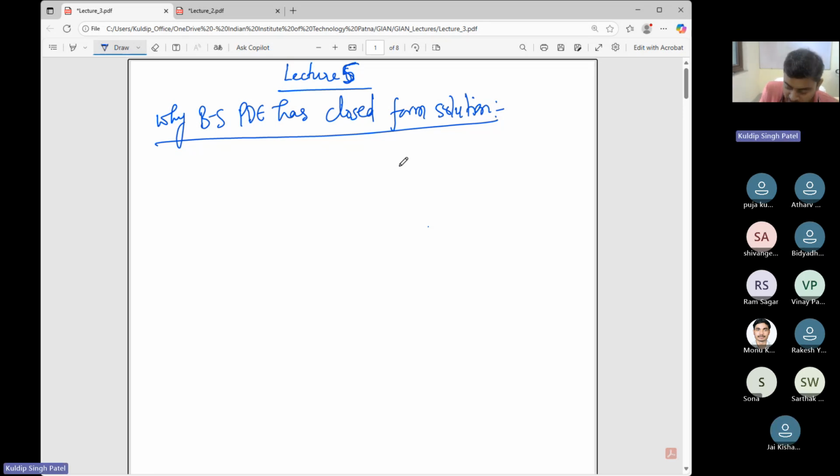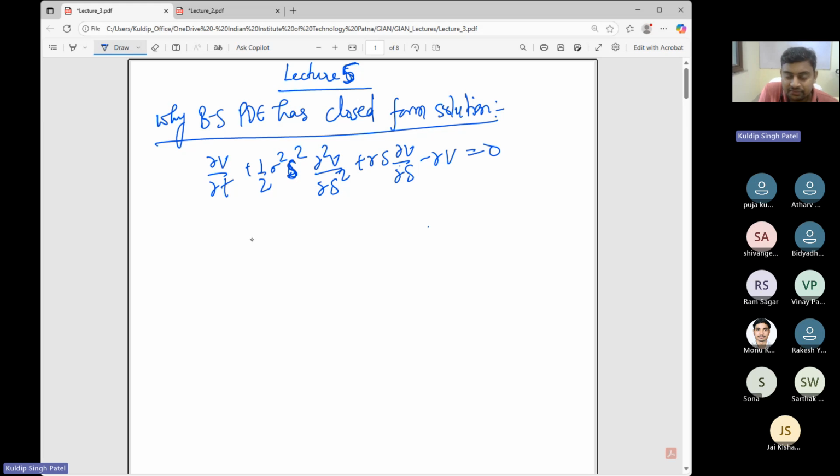So let us quickly understand what we have. The Black-Scholes equation: del V by del T plus half sigma square S square del 2V by del S square plus rS del V by del S minus rV equals 0, with some condition, like V(T, S) equals (S minus K) plus, something like that.